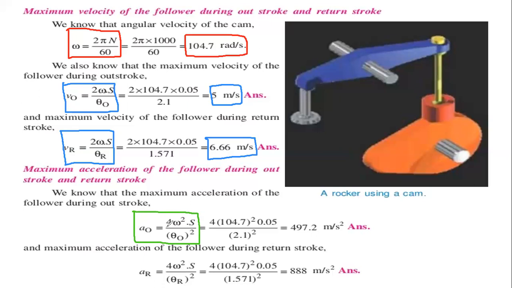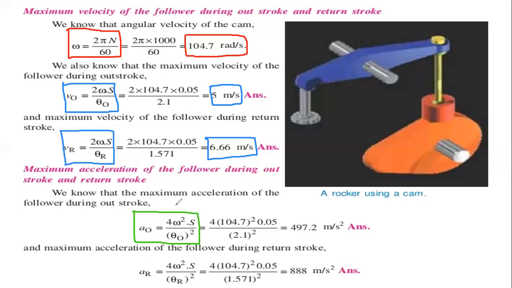For uniform velocity you have to take a different formula. For simple harmonic motion you have to take a different formula. And for uniform acceleration and retardation motion also you have to take a different type of formula. So three independent formulas are used for the maximum acceleration and velocity.